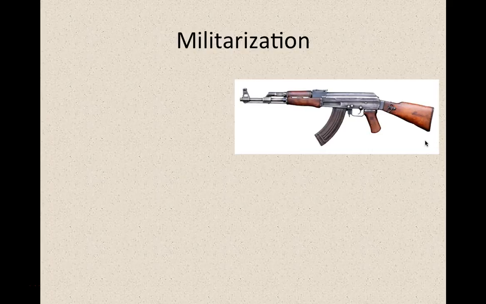Finally, militarization in Africa, and I don't want to spend too much time on this, is a major factor. I'll return to this in a subsequent lecture to talk about things like the Rwandan genocide and lots of different wars in relatively recent times. The 19th century saw the initial militarization of the continent.